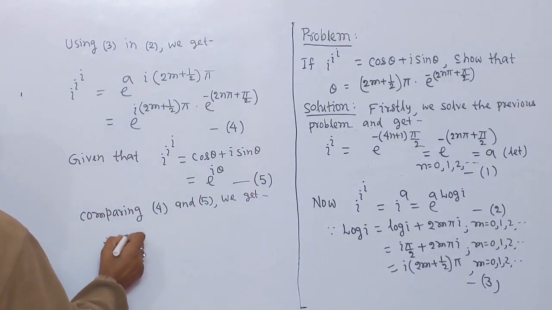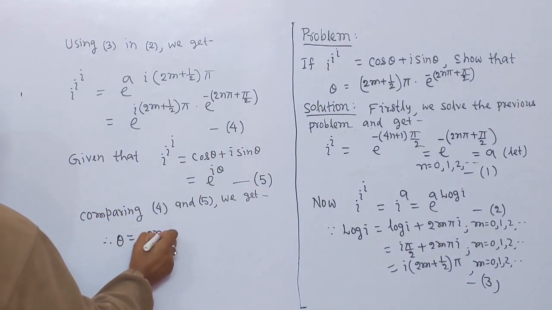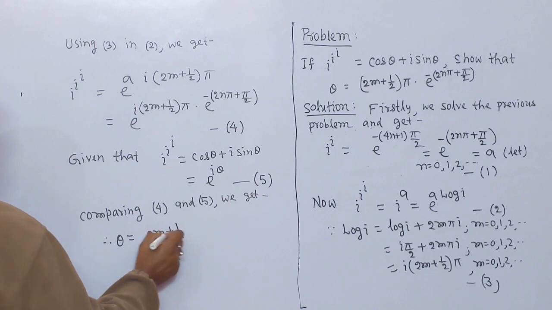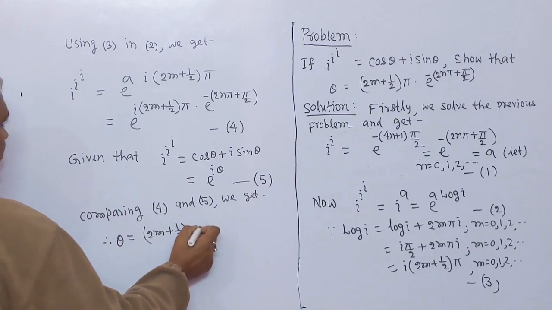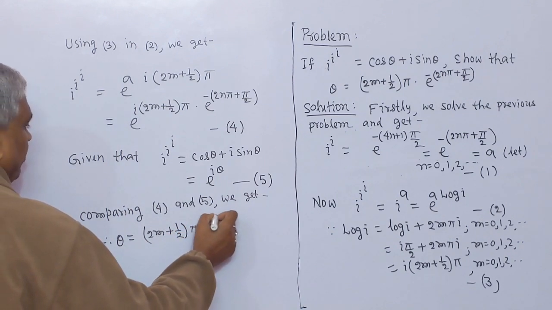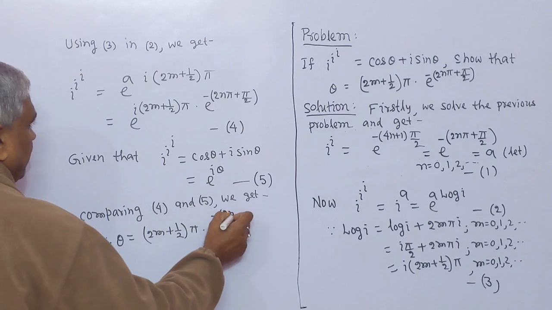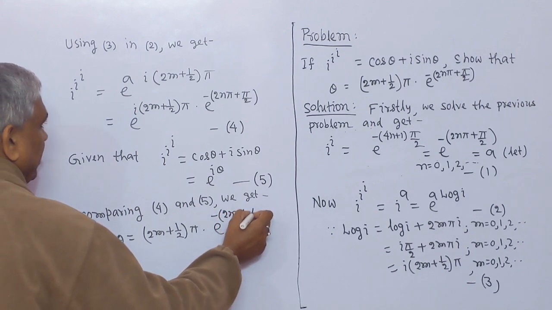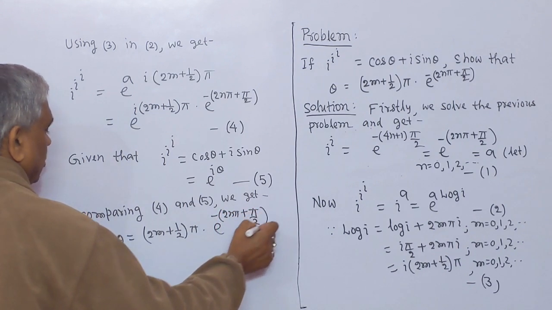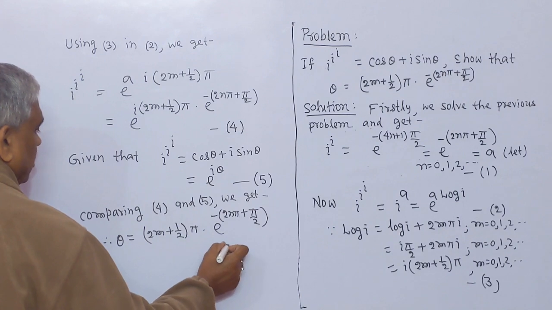Therefore theta equal to (2m plus half) pi multiply e to the power minus (2n pi plus pi by 2). Proved.